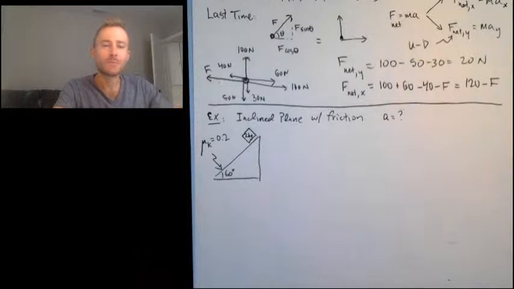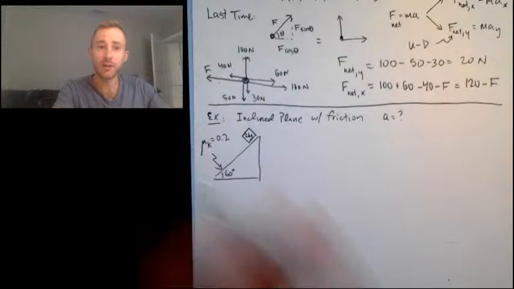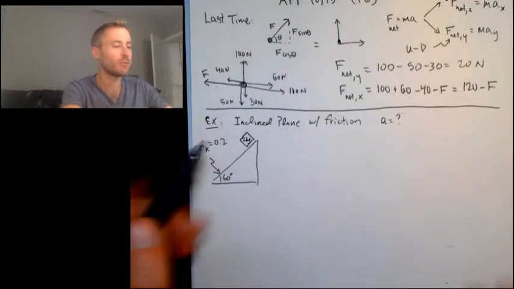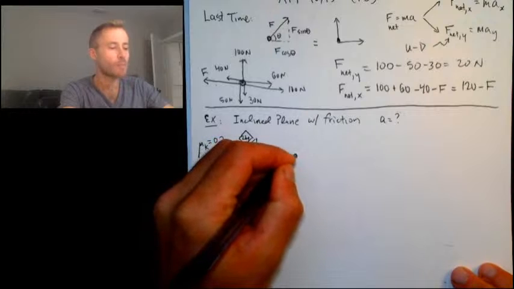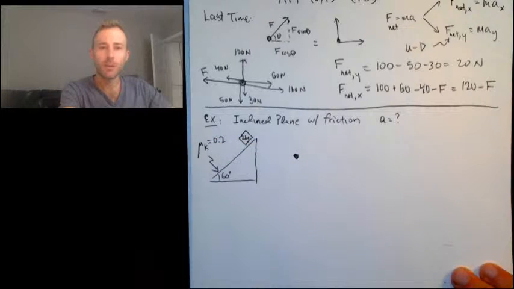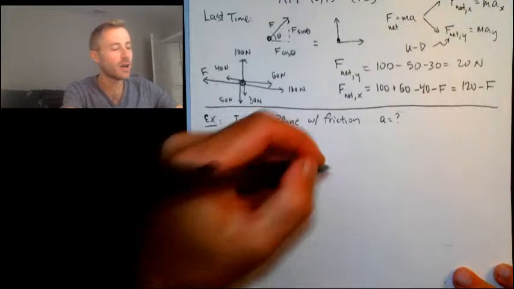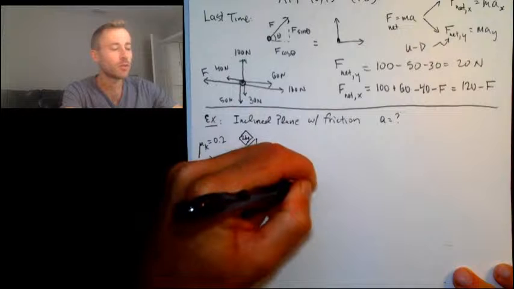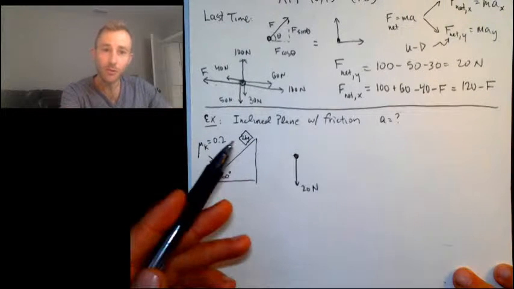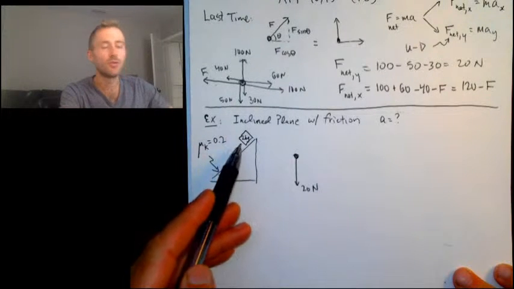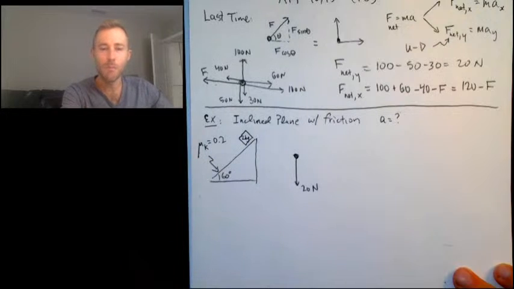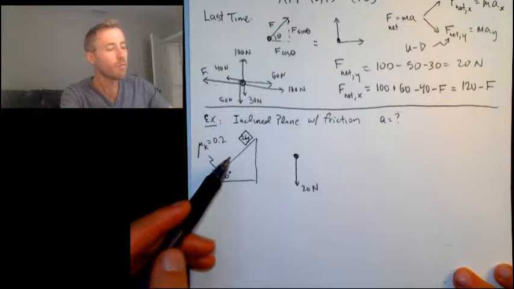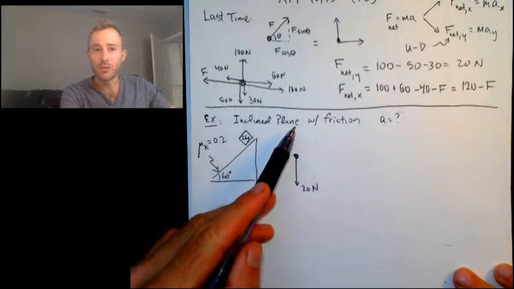So what we want to do first is draw a free body diagram. A free body diagram is a drawing like this, where we represent the object as a dot, and we draw the forces acting on the object. So we have the weight force pointing straight down, 20 newtons. Weight force is mg, 2 kilograms times 10 meters per second squared is 20. The normal force does not point upward in this case.